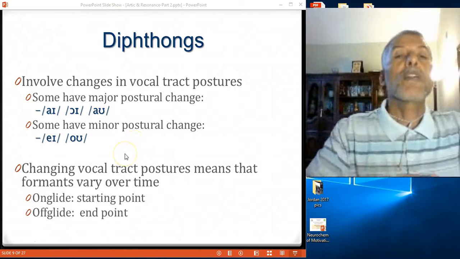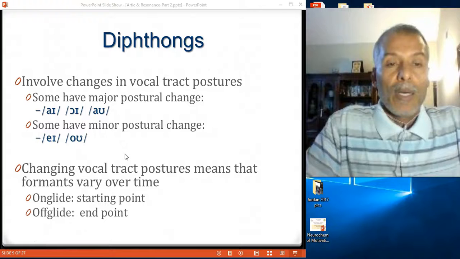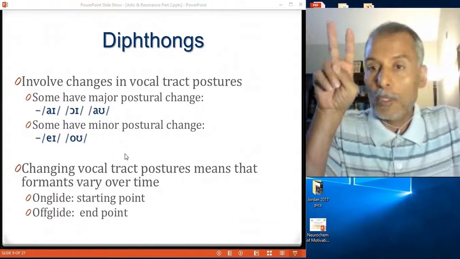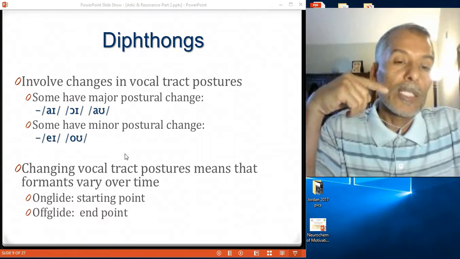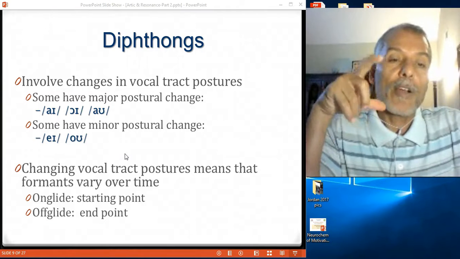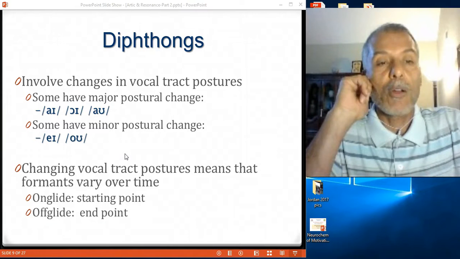Now the diphthongs are 5 in English, and they are a blend of 2 distinct vowels, and you start with one and switch midstream into the other, so you blend the 2 vowels.